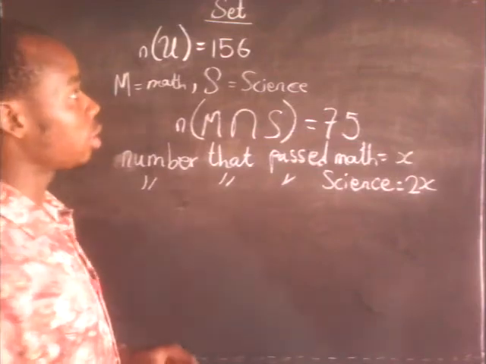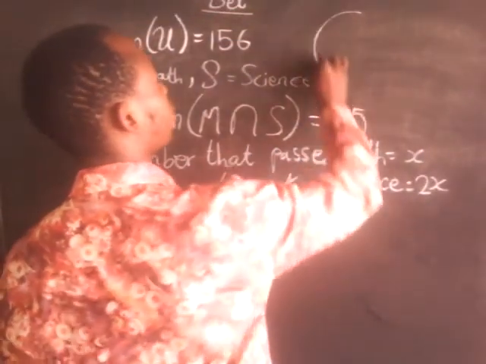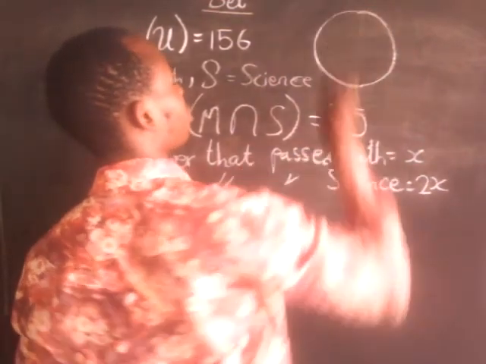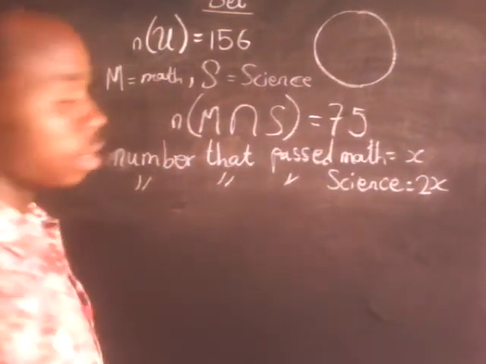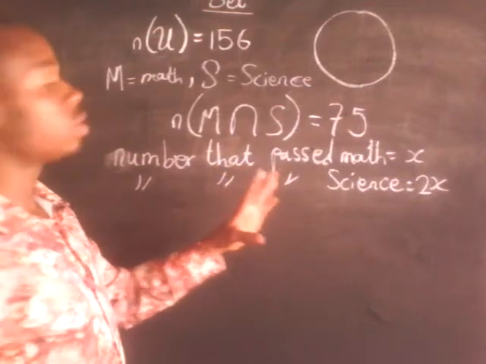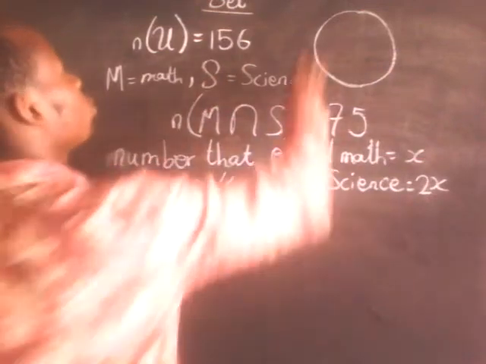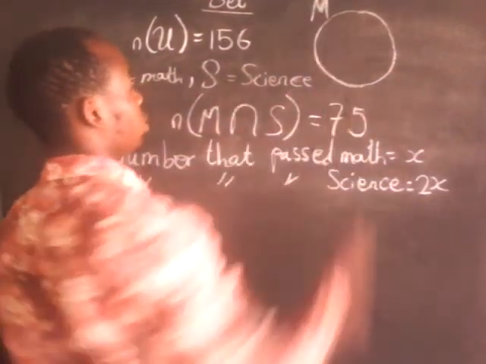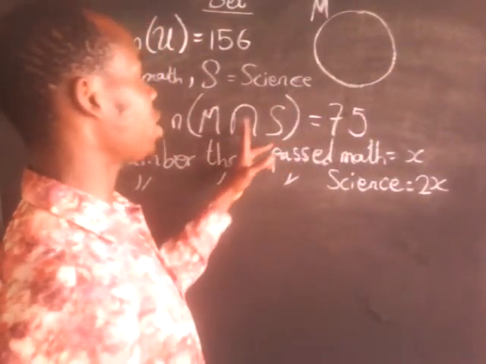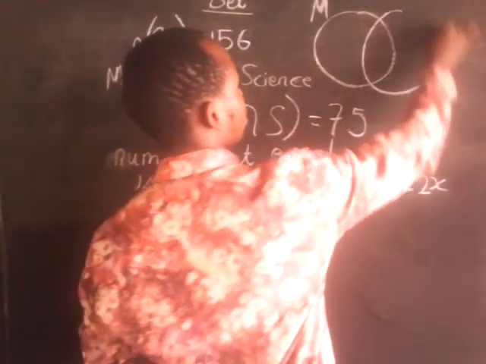Then we have two sets here. Circles are used to represent sets in a Venn diagram. Now I will call this one set M, and I can see here that M and S have an intersection. That is why I will draw it this way.